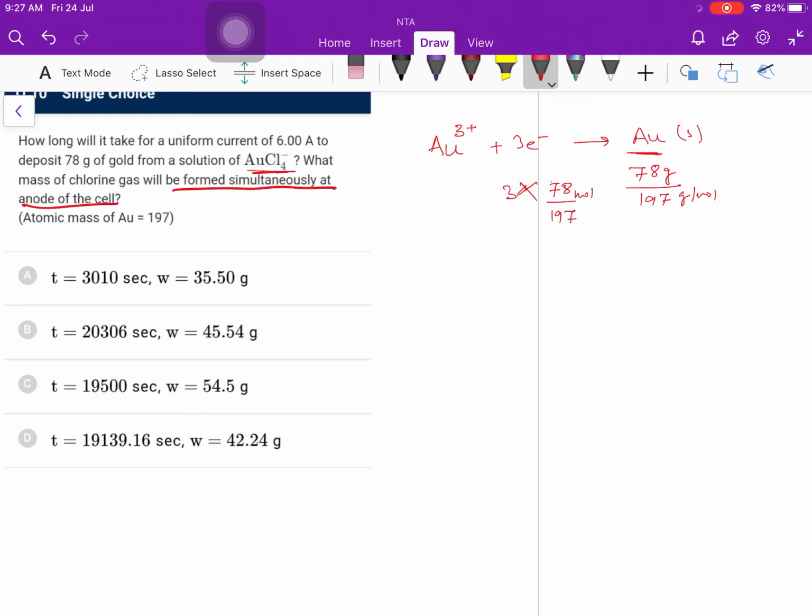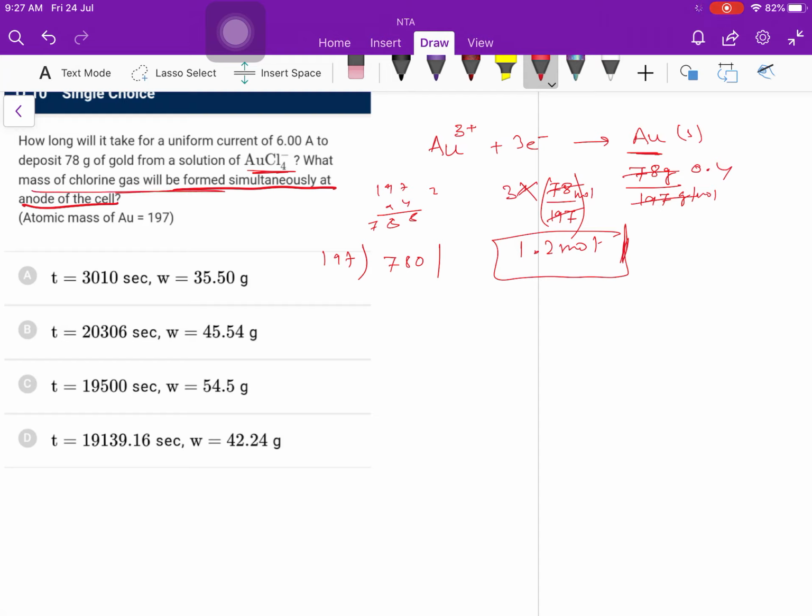Let us calculate this: 78 upon 197 is approximately 0.4 mole, so this will be 1.2 mole. So now we have the moles of electrons needed as 1.2 mole electrons.